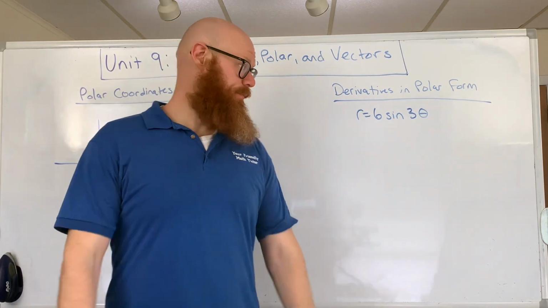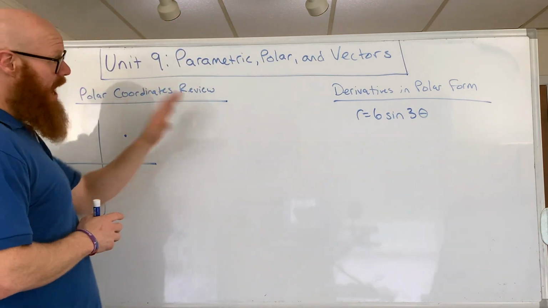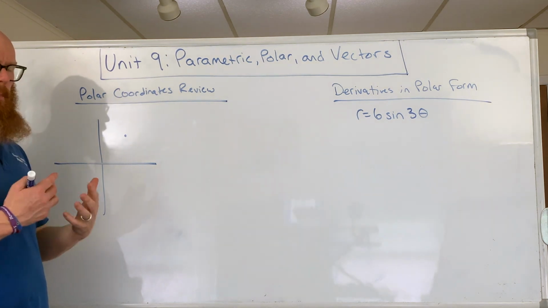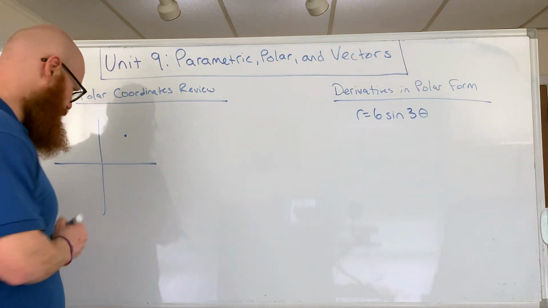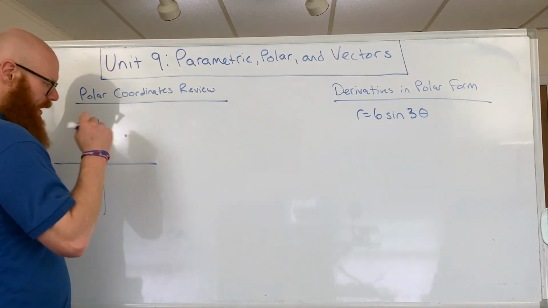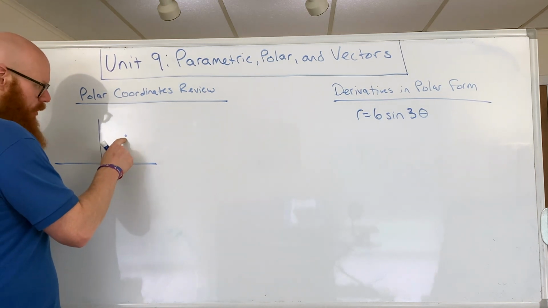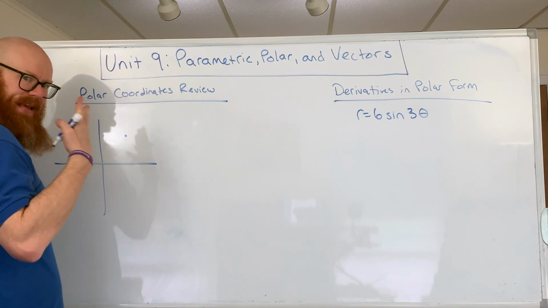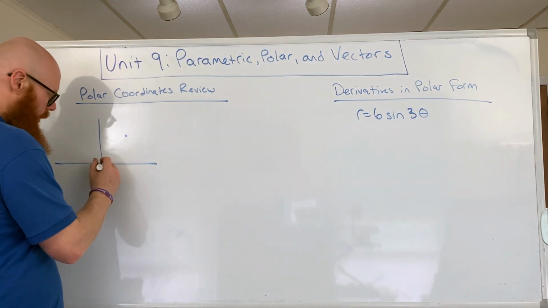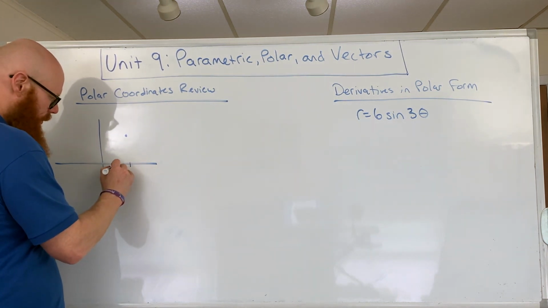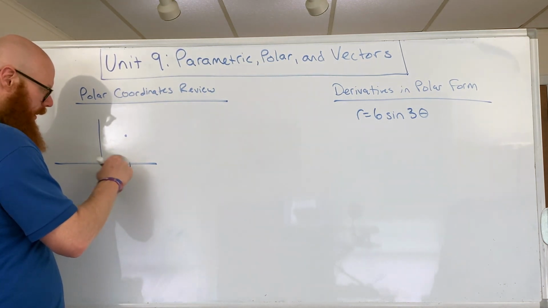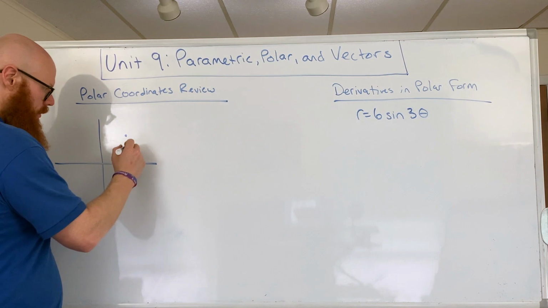So let's dive in. Before we do any calculus with polar, let's just do a quick review of exactly what polar coordinates are. If we think about the rectangular coordinate plane, if you have a point on the plane, the way that we get there is through going along the x-axis some number of units, left or right, and then going in the y direction up or down.